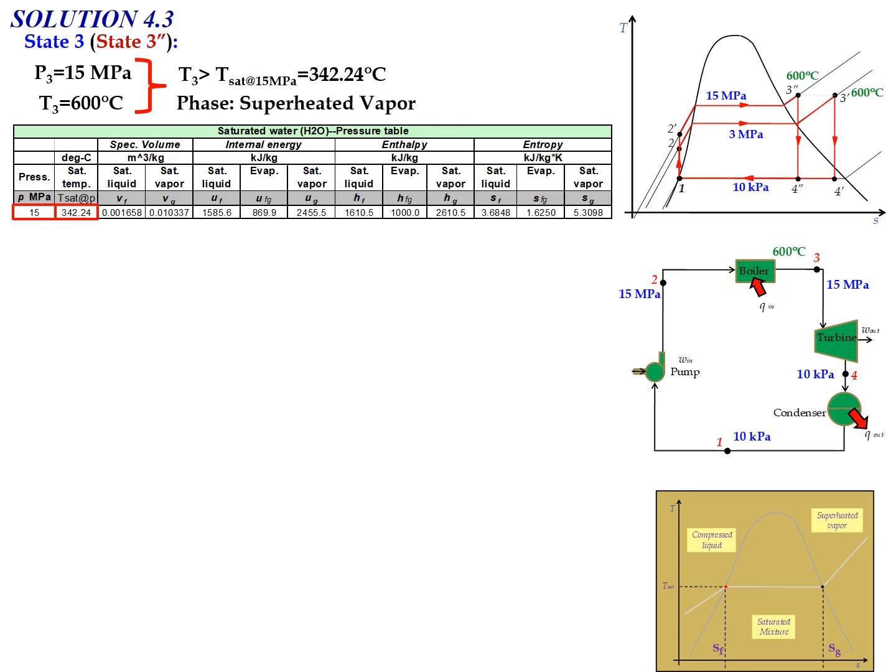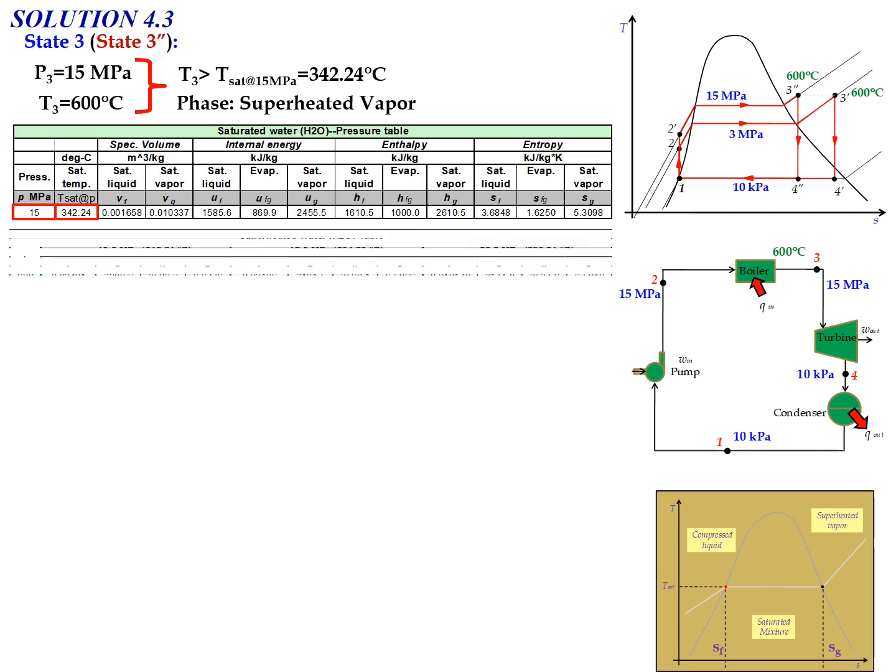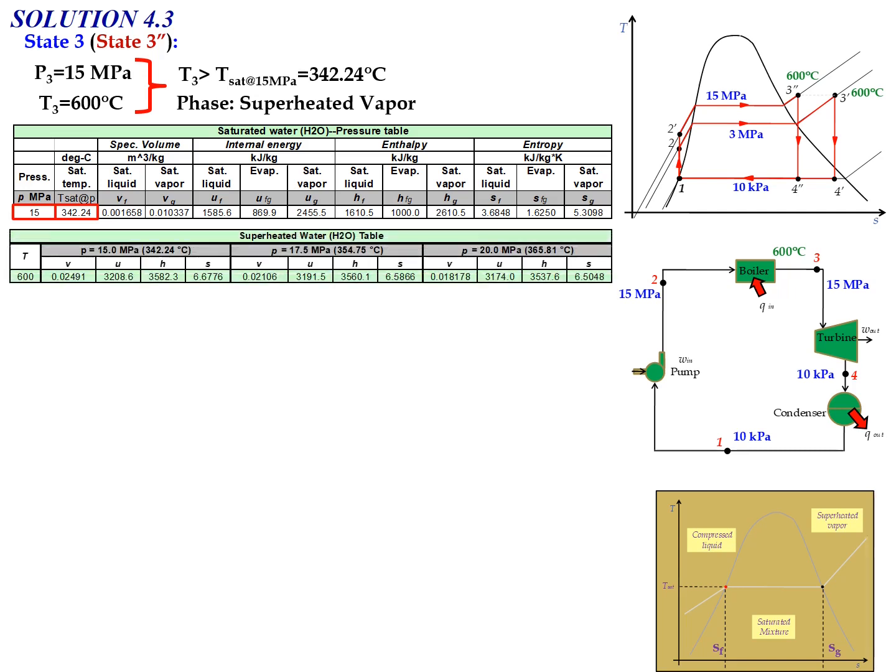The value of T3 is greater than T saturated at 50 megapascal. So the phase is superheated vapor. Use the superheated water table at 50 megapascal and 600 degrees Celsius. You can determine the new H3 and the new S3. So H3 equals 3582.3 kJ/kg, S3 equals 6.6776 kJ/kg·K.